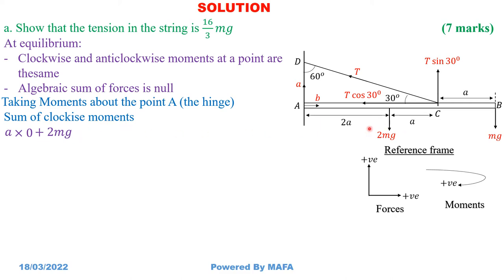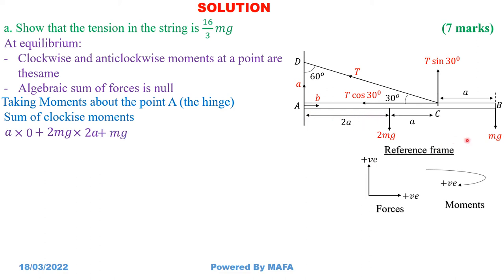Next we have 2mg, which causes the rod to go like this. Its perpendicular distance from this point is simply this horizontal distance, because this distance makes an angle of 90 degrees with the force, that is the weight. So we have 2mg times its perpendicular distance from the hinge, which is 2a.